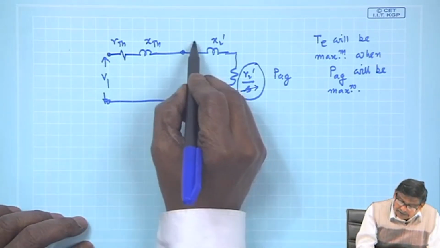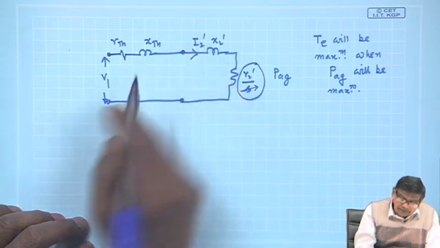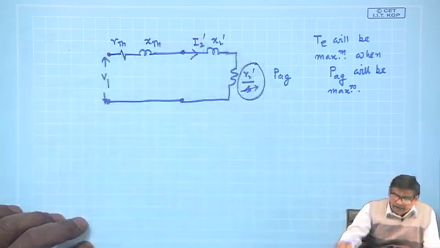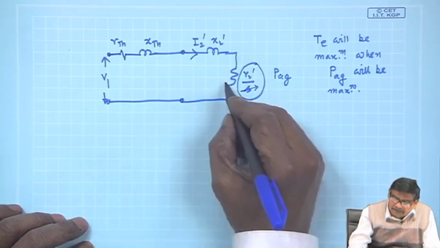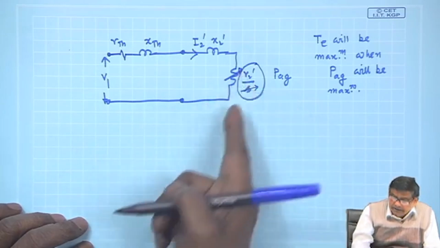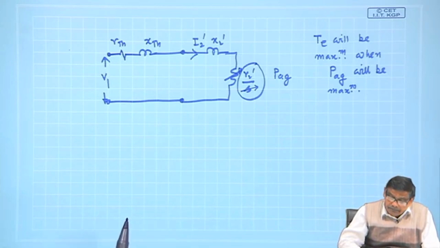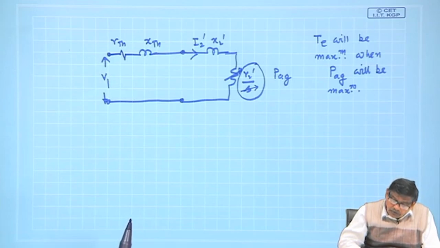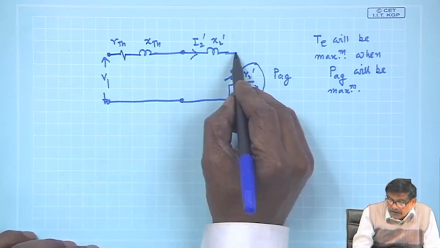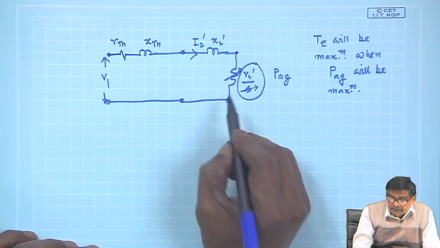Therefore, in this circuit, it is now a circuit problem. There is a circuit, forget about the motor, there is a variable resistance here. Why is it variable? Because S will be changing. I want to find out at which S T is maximum. Therefore, I want to maximize the power in this resistance.